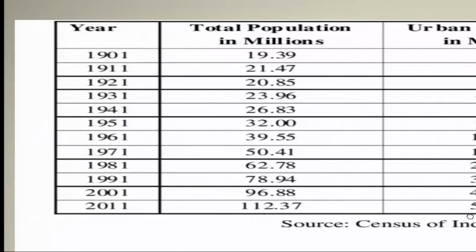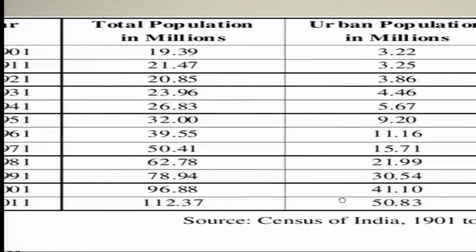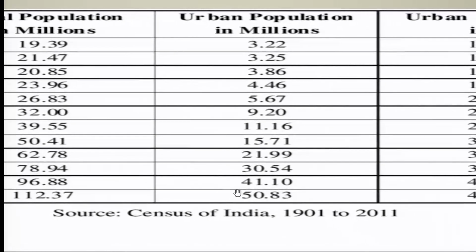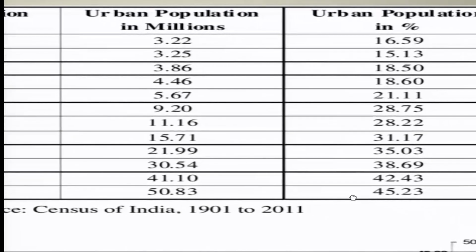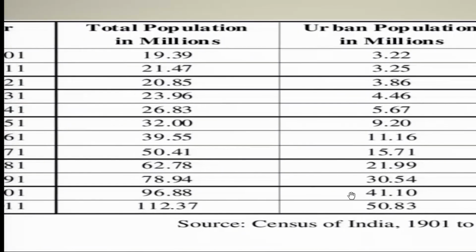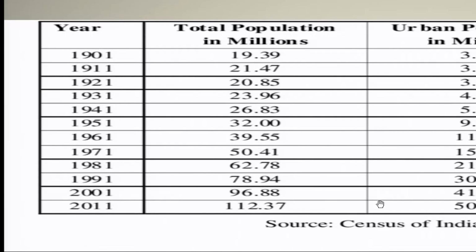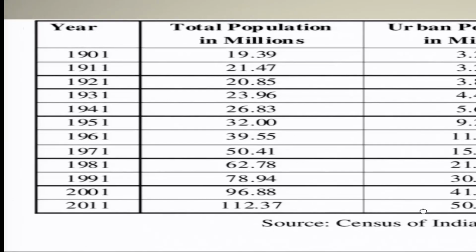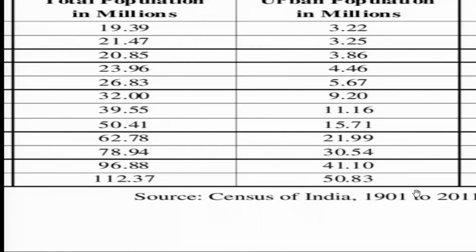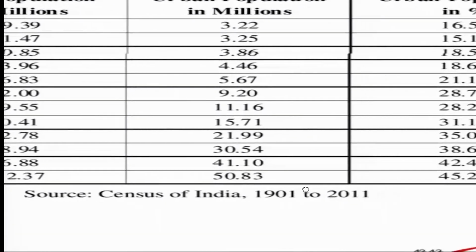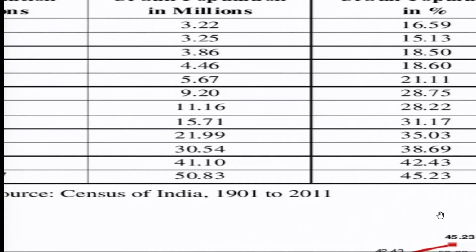There is a gradual increase in population. And in the year 1991, it is 78.94 and 30.54 millions, and the population in percentage is 38.69. Coming to the year 2001, the total population is 96.88. The urban population is 41.1 and the percentage is 42.43.